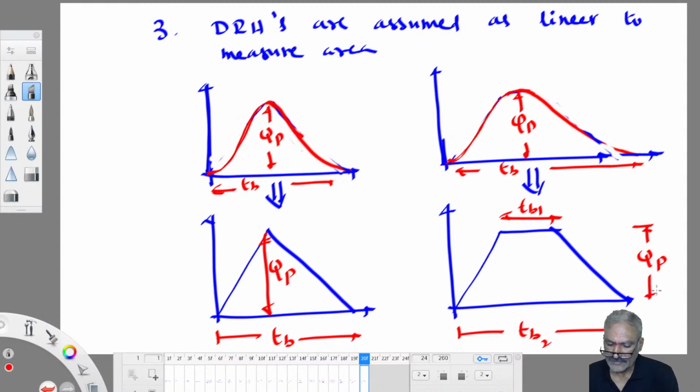Clear or not? If it is clear, then we'll see how this can help us in working out area under the curve.